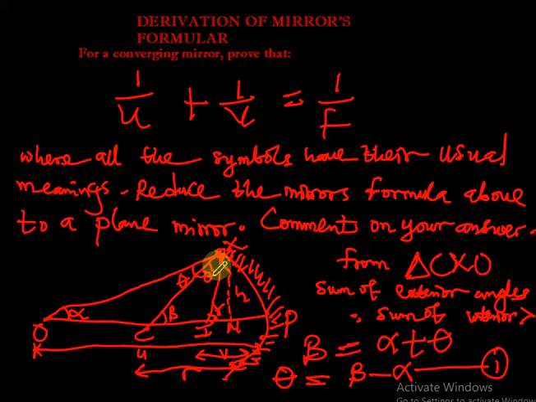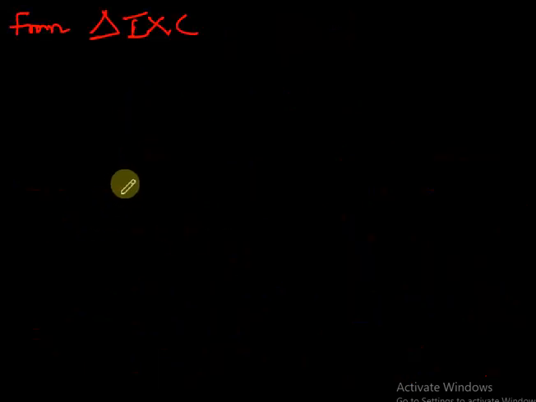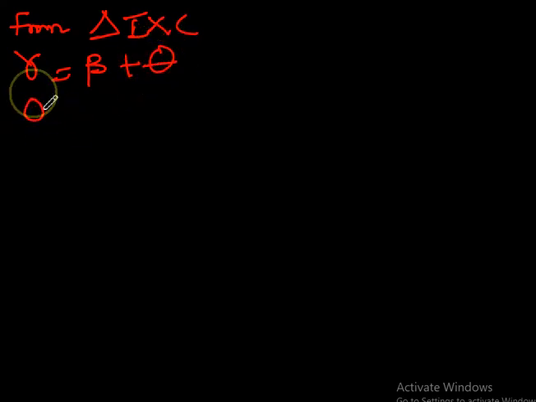And you have the interior angles to be what? Theta plus beta. So you are going to have gamma equals beta plus theta. So you can also make theta the subject of formula. That shows that theta will be gamma minus beta. Call this equation 2.